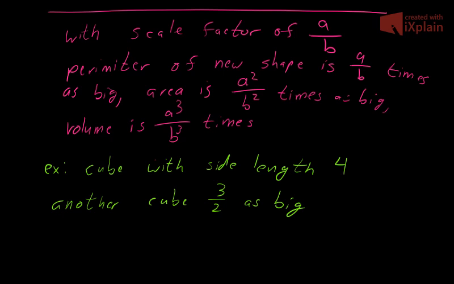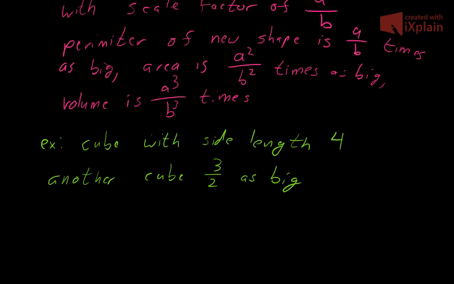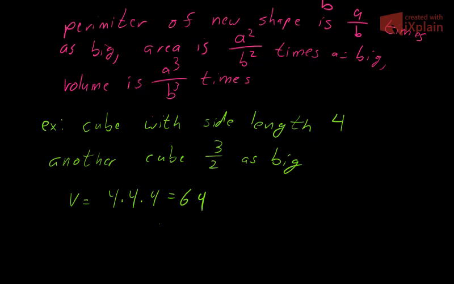If I have a cube with side length 4, the volume is going to equal 4 times 4 times 4, which is 64. My other cube, which is 3/2 as big, has a side length of 3/2 of 4, which is 6, so my new volume would be 6 times 6 times 6, which is 36 times 6. That's 216.